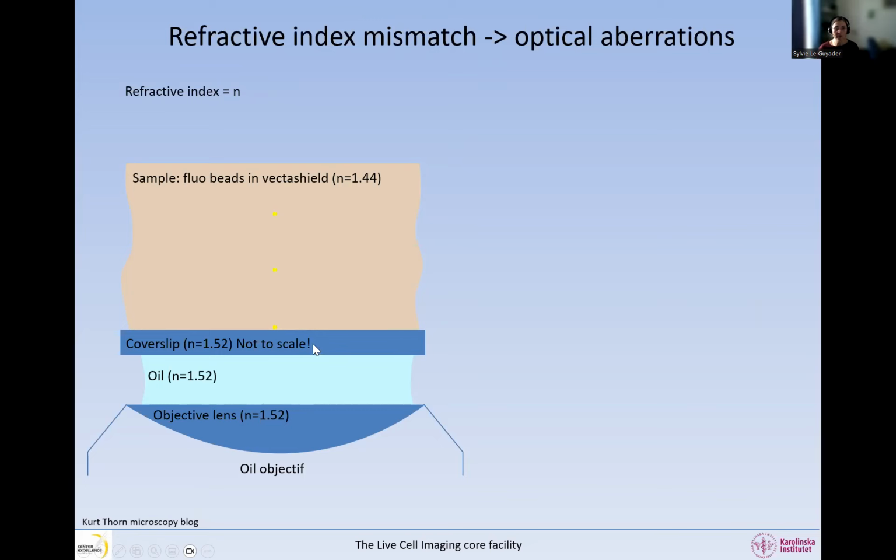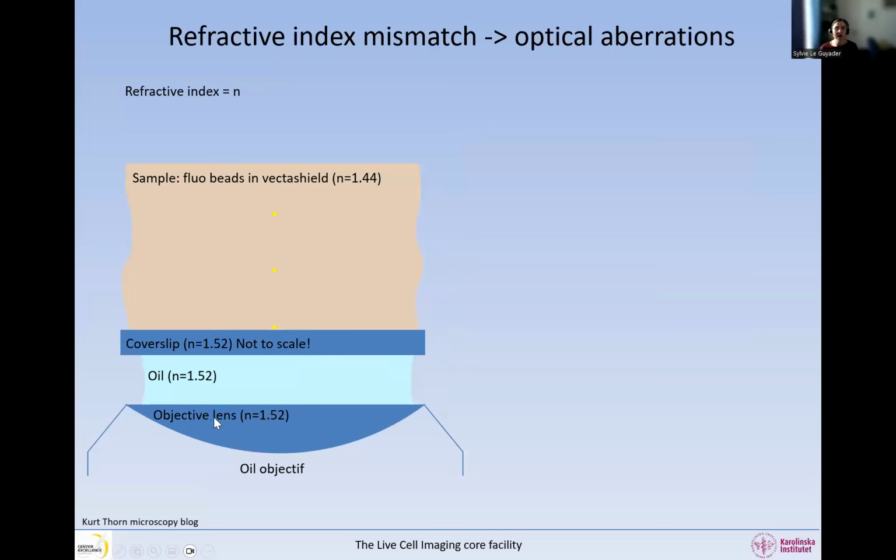So clearly, the cover slip might not be the same refractive index as the medium, for example, if we have an air objective, but this is accounted for as long as we know that the cover slip is 170 micron thick. So all these things are calculated in.